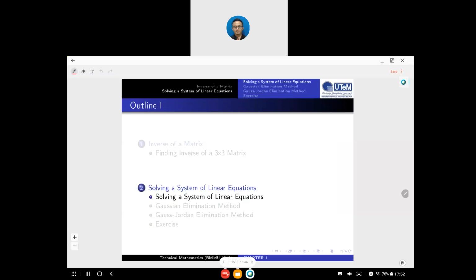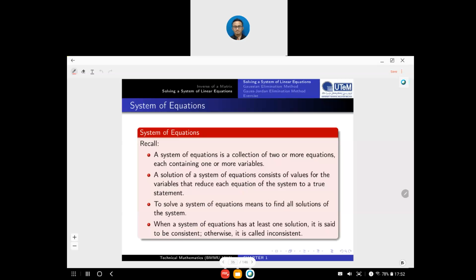Next, our last subtopic for this chapter, which is solving system of linear equations. What is solving system of linear equations? Recall it, okay. A system of equations is a collection of 2 or more equations, each containing 1 or more variables.